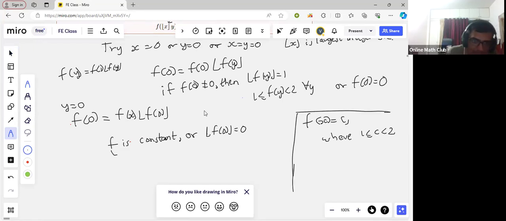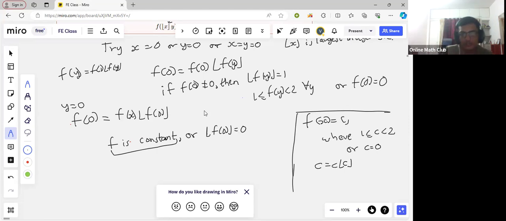So if f is constant, you are getting this solution set. Actually, this is not the only case, there is also c equal to 0, because what we get is c is equal to c times floor of c. So these are the two cases when f can be constant.